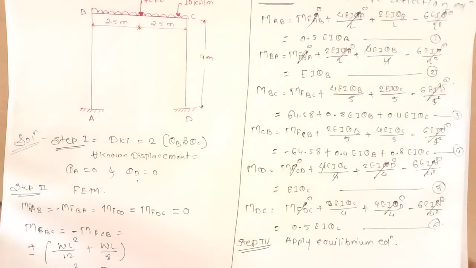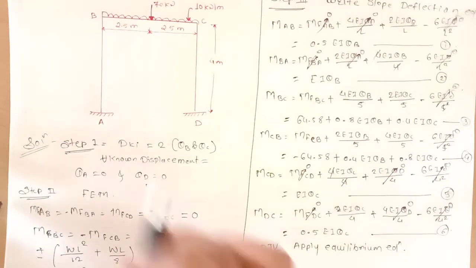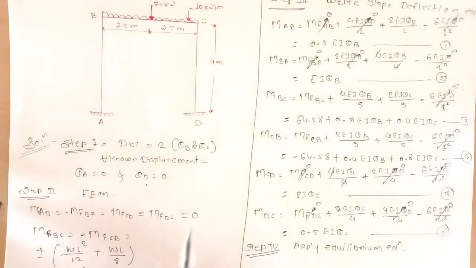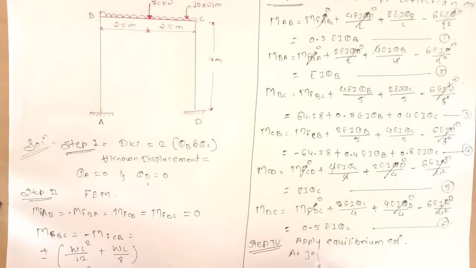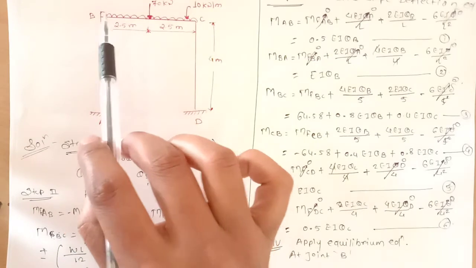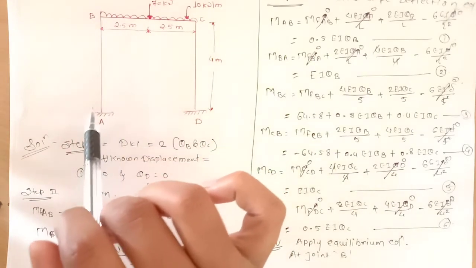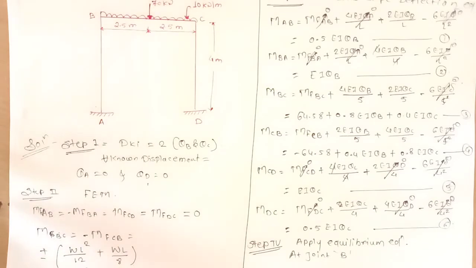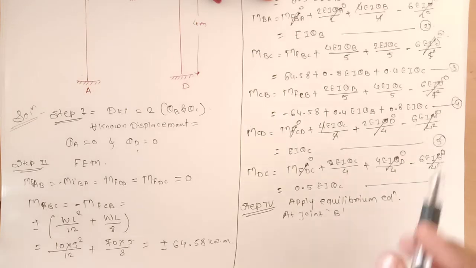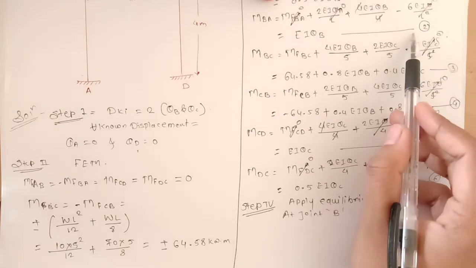So first, apply the equilibrium equation at joints B and C. So here take first joint B. You can see here in this figure at point B, two members act, that is member BA and member BC. So here adding the slope deflection equations at members BA and BC, that is equation number 2 and equation number 3.